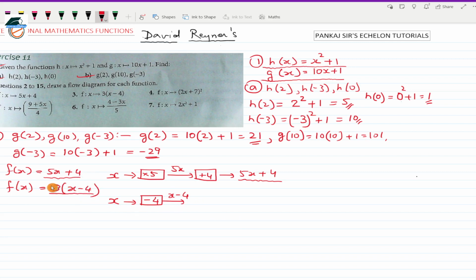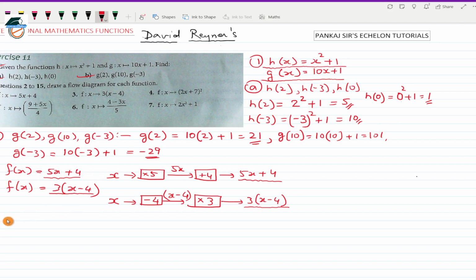Then this x minus 4 is getting multiplied by 3. So I'll write this x minus 4 in the bracket. This is getting multiplied by 3 to give you 3 times x minus 4. Okay. So this is the function you want, and this is the flow chart for that. Let's go for the fourth one.